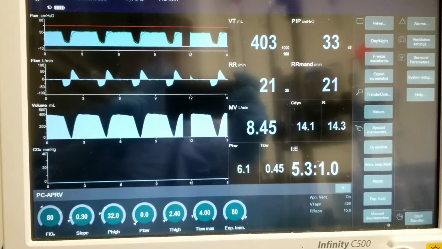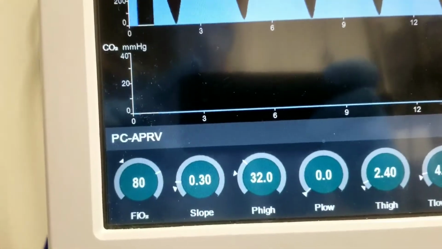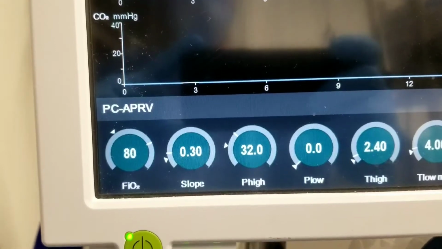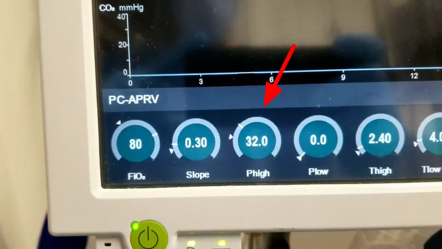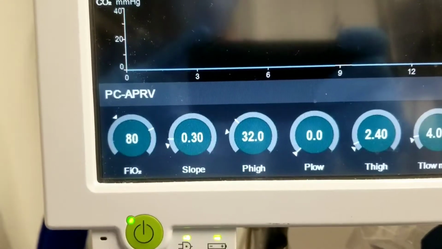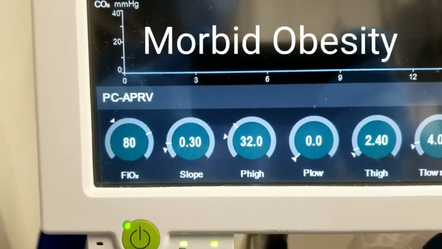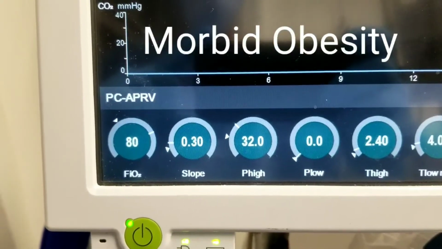This is a patient that's on APRV. Previously, the Phigh was at 34, and it had been at 34 for quite some time. The patient initially had a lot of weight and has gradually lost some.